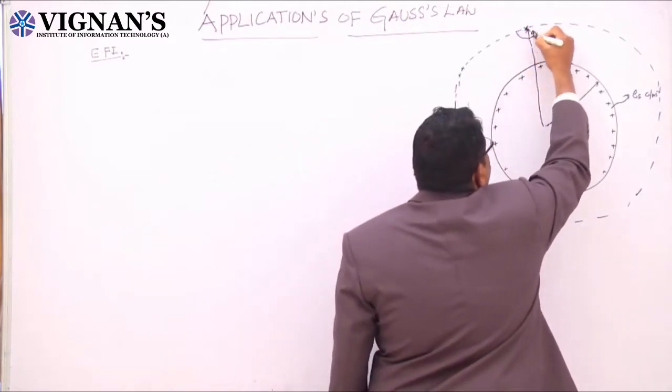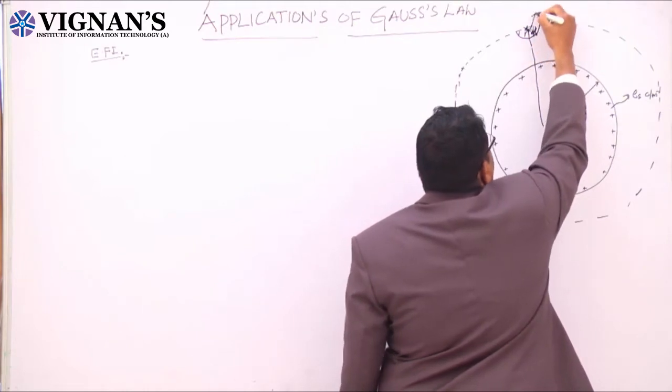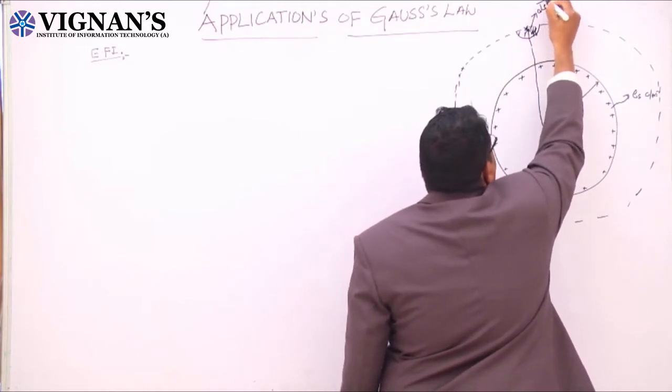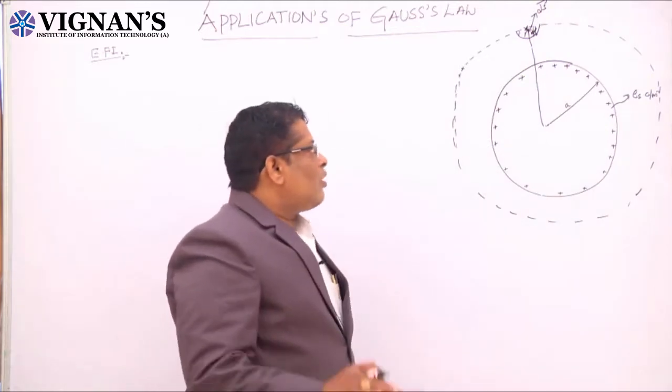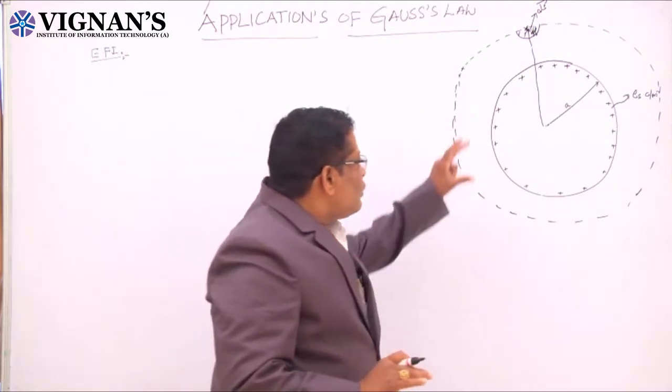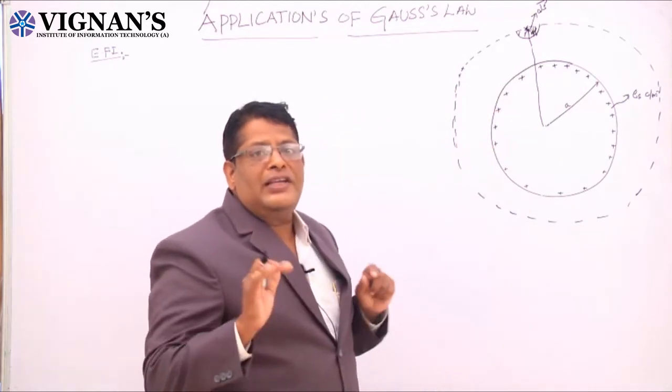Here you take the differential surface area, which we represent as ds bar. Next we observe from this charged surface how the field is coming.